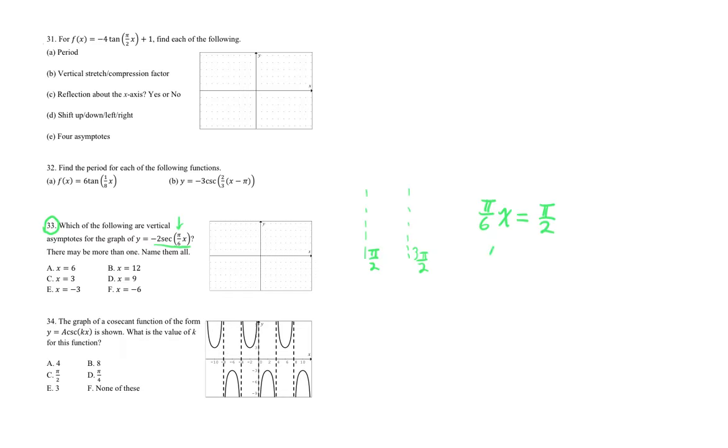And then we just have to solve for x. So here, x is going to be 3. And for the next one, it'll be 18 over 2, which is 9. So now we know that x equals 3 is an asymptote, x equals 9 is an asymptote. Also, x equals -3 is going to be an asymptote because the regular secant graph looks like this. There's an asymptote at the same place on the negative side of the graph.